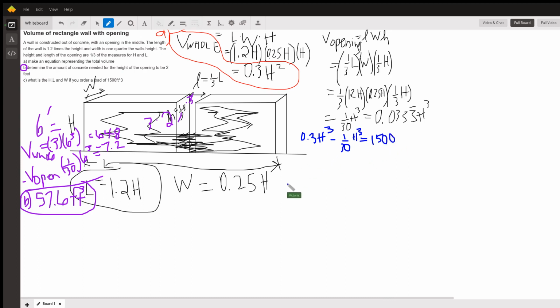We have 0.3 minus 1 divided by 30, so this is 0.2667 H cubed equals 1,500. Then we divide 1,500 by 0.2667 in order to get H cubed by itself.